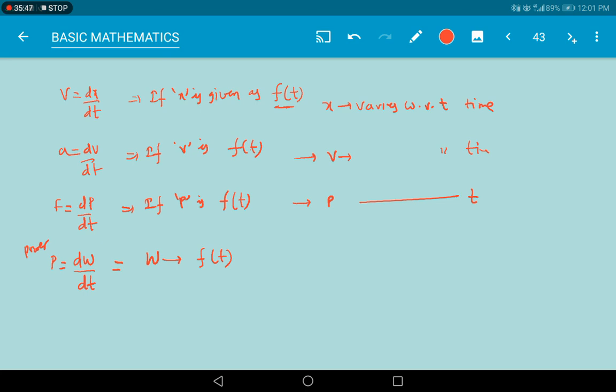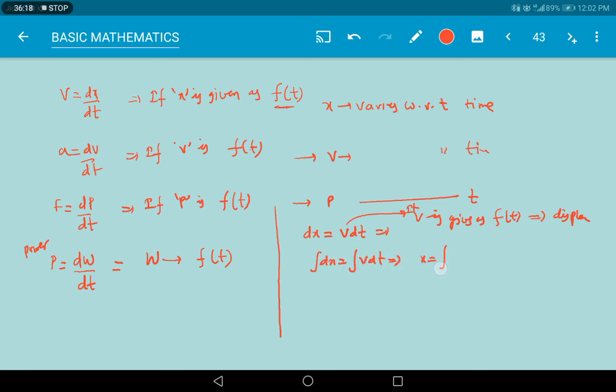Integration is the reverse. So how can we write integration functions? So dx equals v dt, if v is given as a function of time and they are asking displacement or distance, there we can use integration. dx, integration v dt.